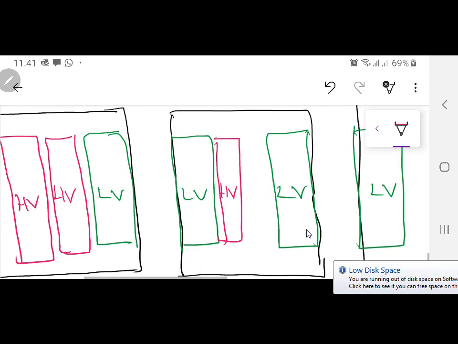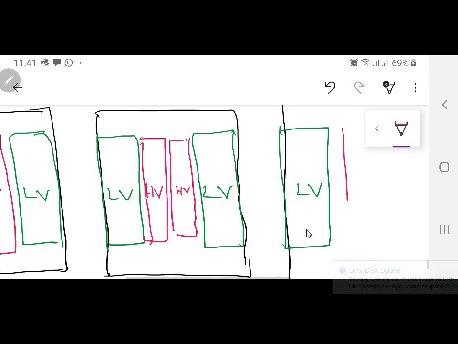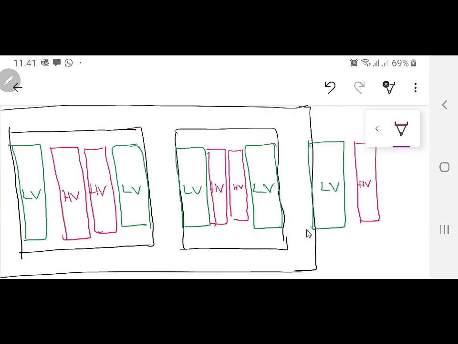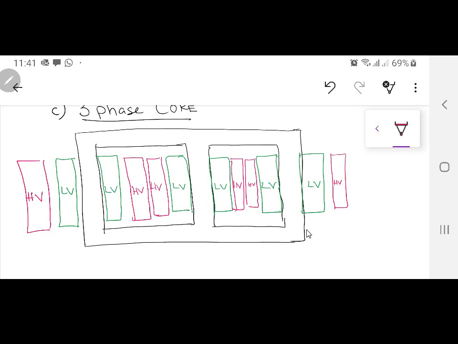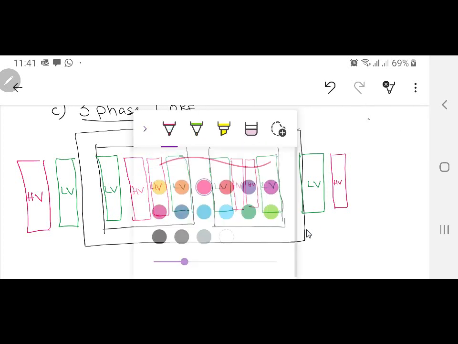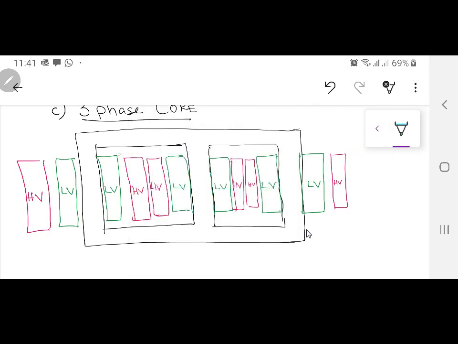This is low voltage, and similarly again this will be. So this is a three phase core type transformer, as you can see over here. Now the interesting thing, this time window area is this.